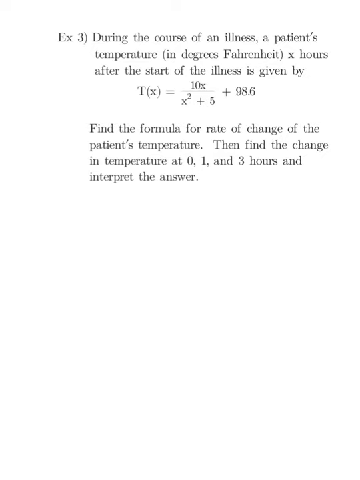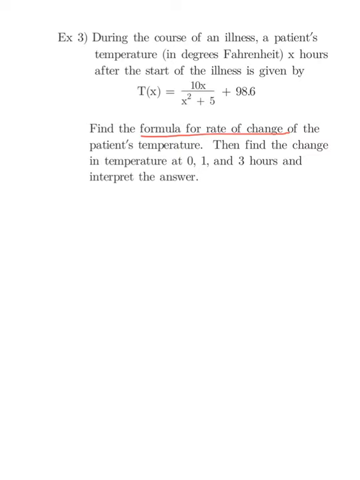Then find the change in temperature at 0, 1, and 3 hours and interpret the answer. We know that we need to find the derivative for this reason: formula for rate of change. Anytime you're talking about rate of change, you are doing the derivative.